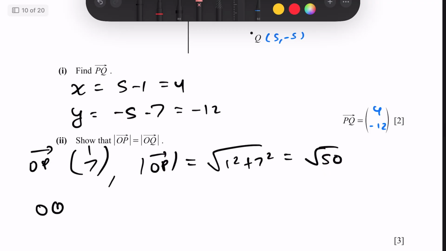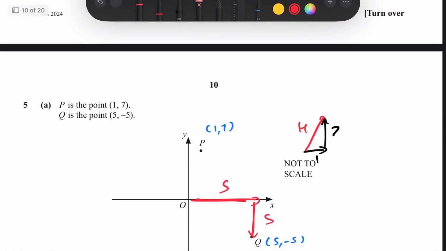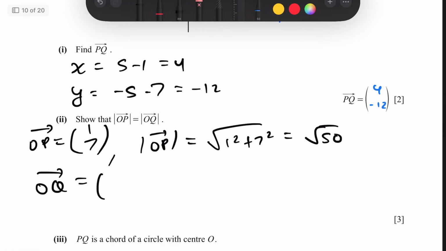Now OQ is equal to, if I erase all this over here, 1 second, OQ moves 5 to the right and 5 units down, so 5, negative 5.